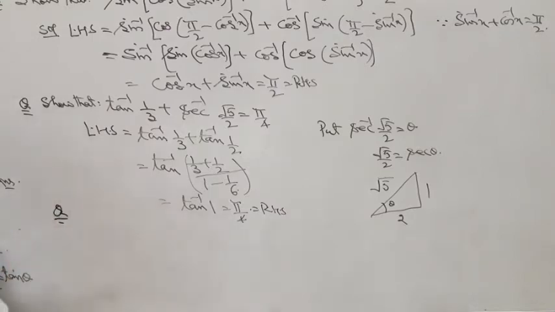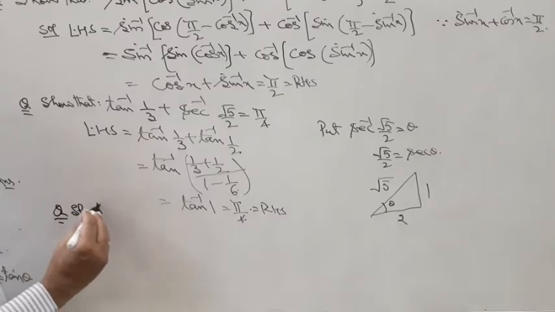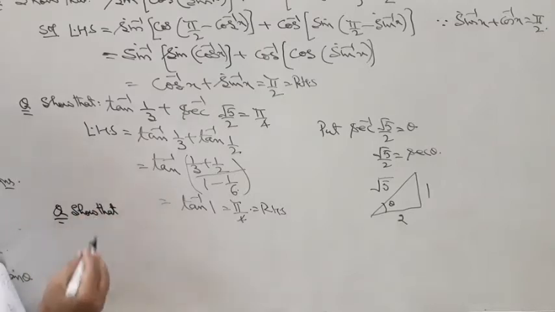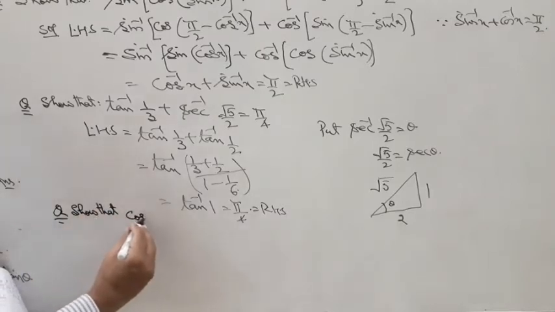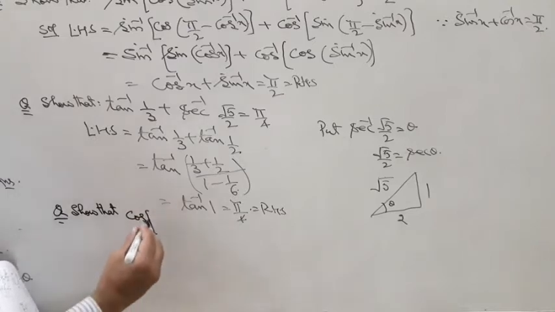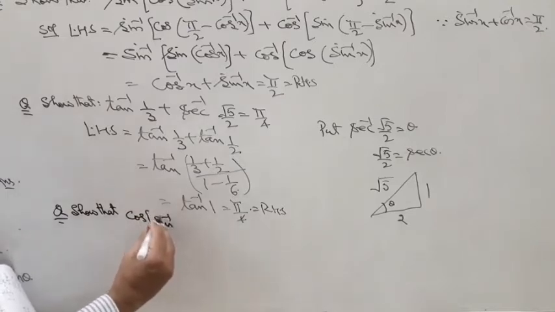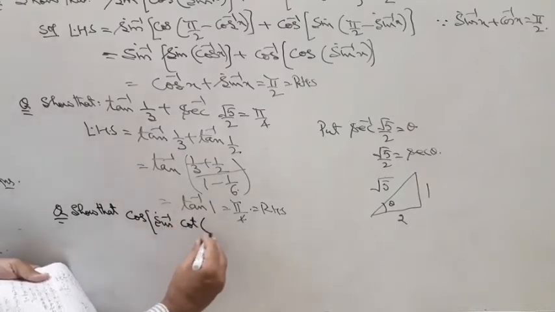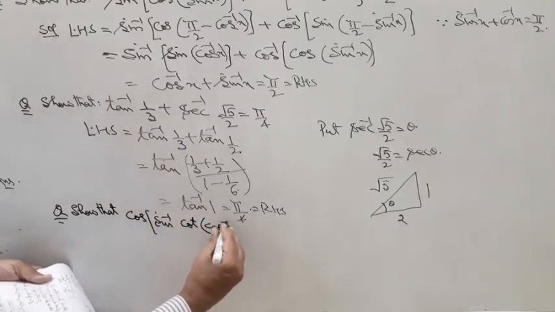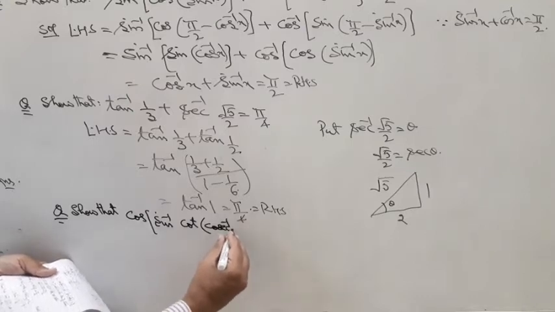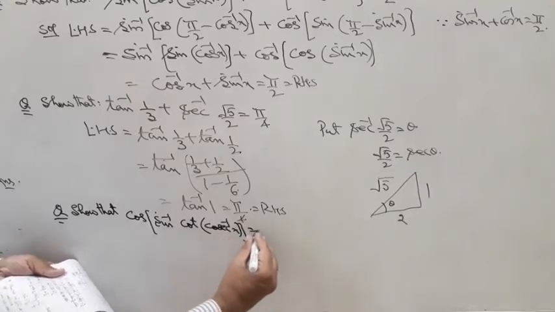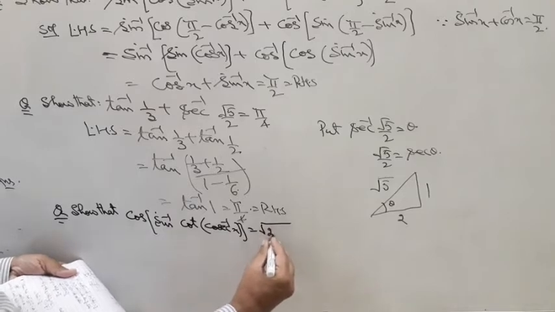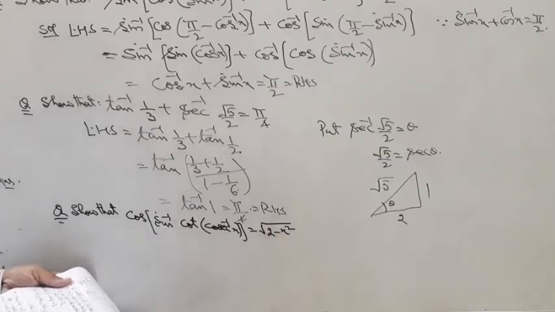It is show that cos of sine inverse of cot of cosecant inverse of x is equal to under root of 2 minus x square. An important question.